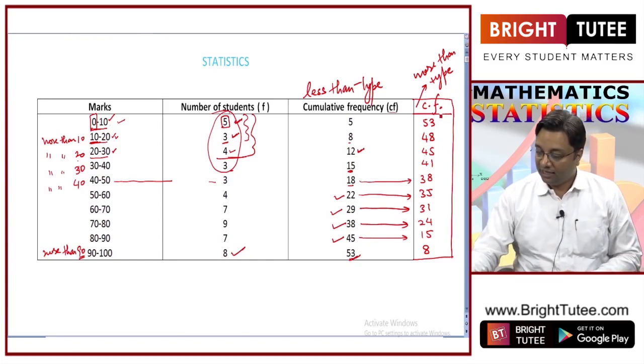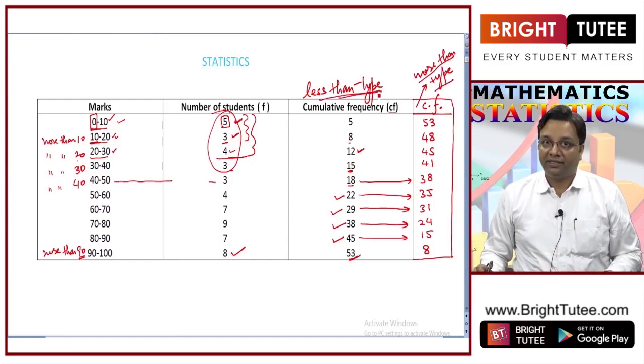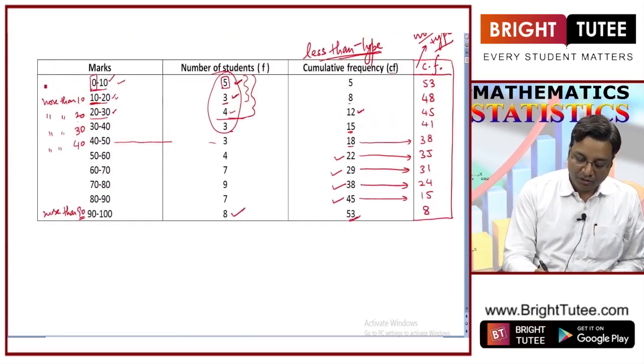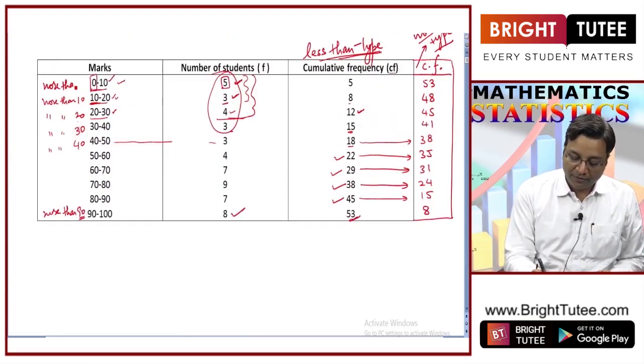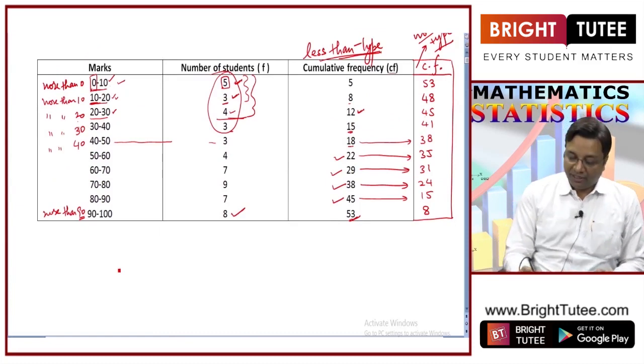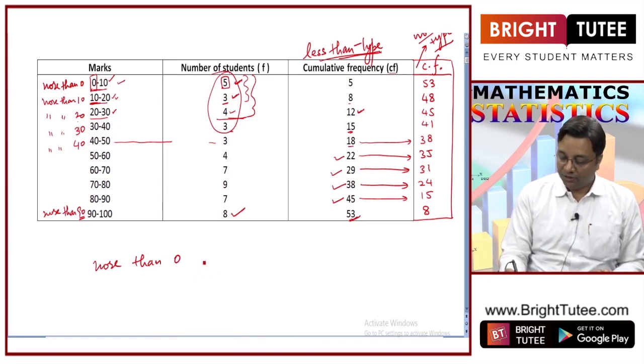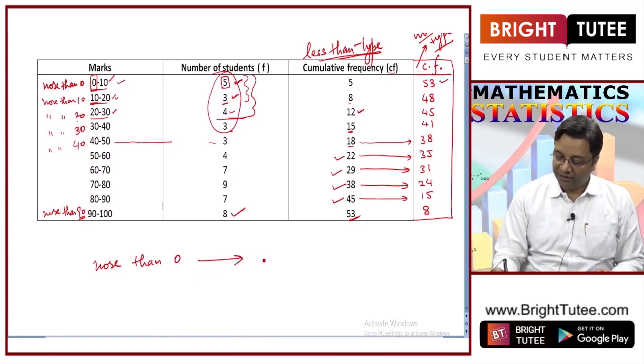So, these are the cumulative frequencies more than type, and these are the cumulative frequencies less than type. So, now if I ask you, let us talk about more than 0. Now, if I ask you more than 0, you will say 53.